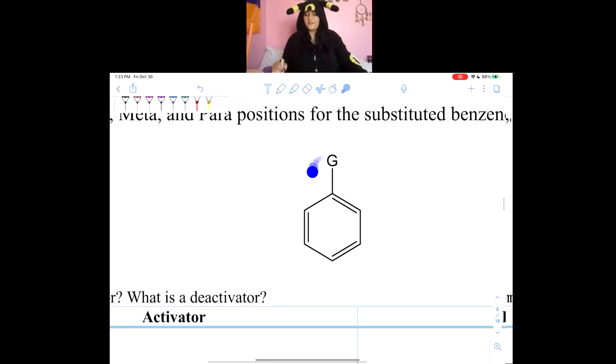If we have some random substituent here, the position right next to it is ortho, one down is meta, and one more down is para. Let me fill that in. So now when we talk about OMP, or ortho, meta, para, you just know that ortho is right next to a substituent, meta is one down, and para is on the other end.